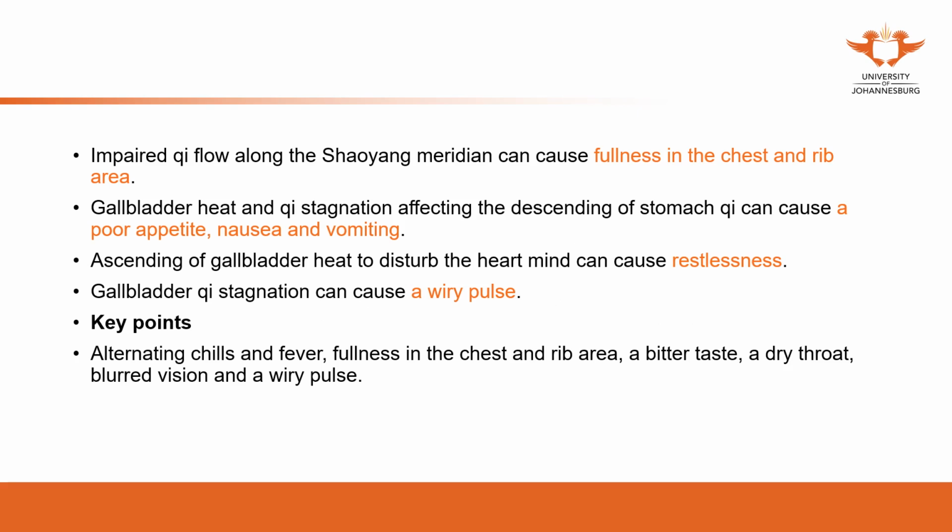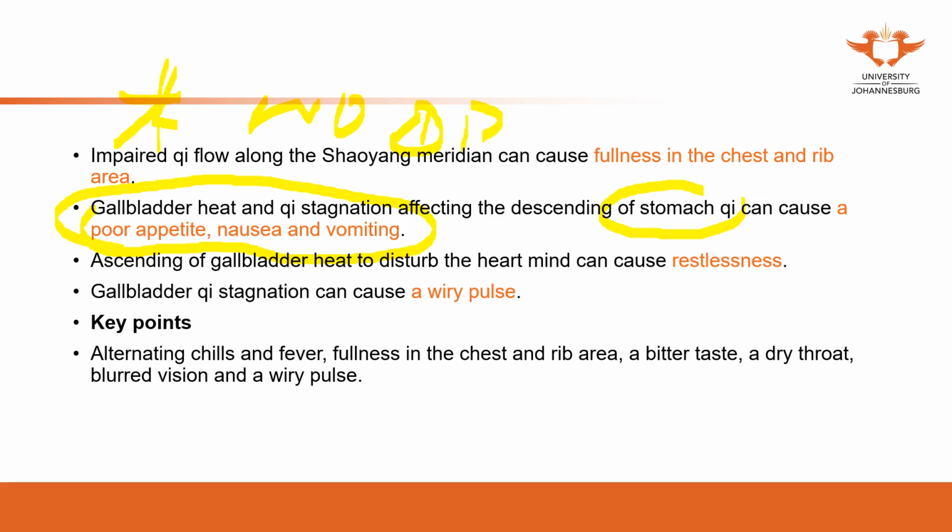Gallbladder heat and qi stagnation affect the stomach qi and will cause poor appetite, nausea, and vomiting. So this is the liver, the wood, affecting the earth. This theory, when we study the five elements, we use the one clause: wood problems will affect the earth.